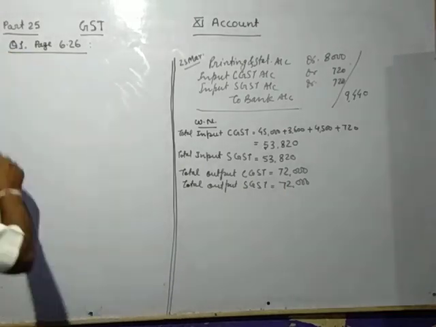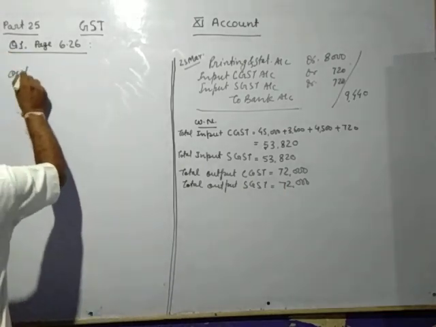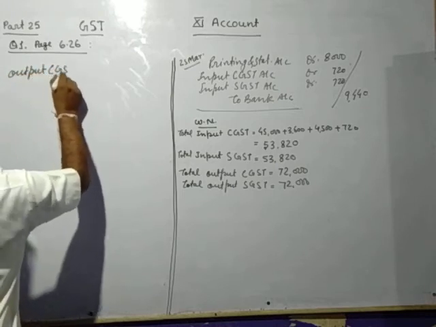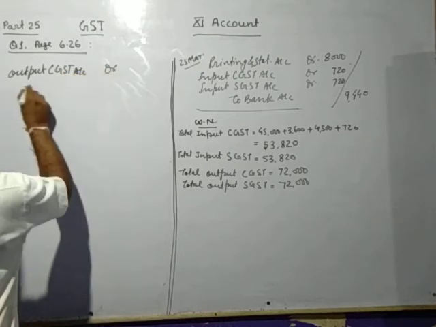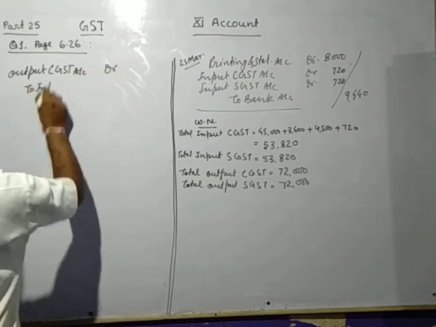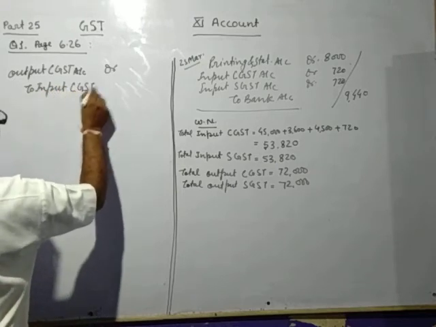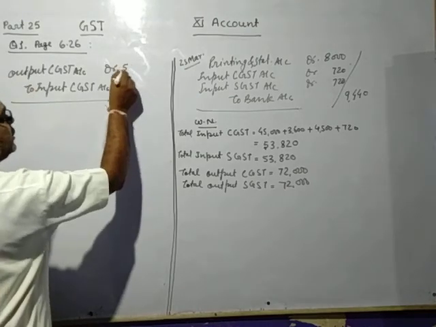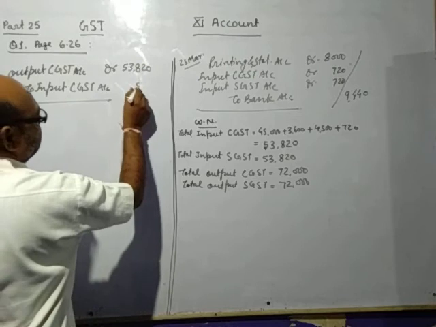So you will pass the entry: output CGST account debit to input CGST, and this amount is 53,820.